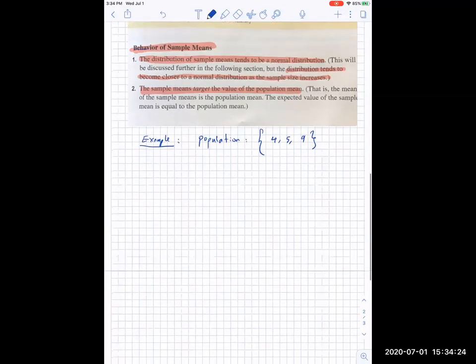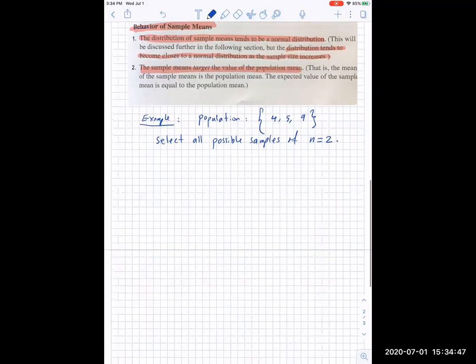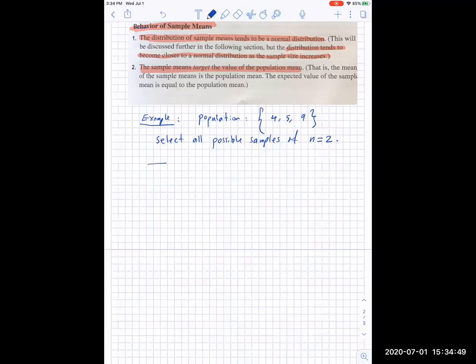Now, what if I select all possible samples of size 2? Let's consider all the possible samples taken from this population.